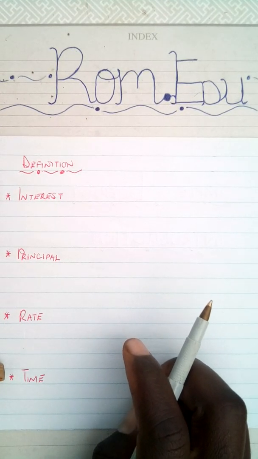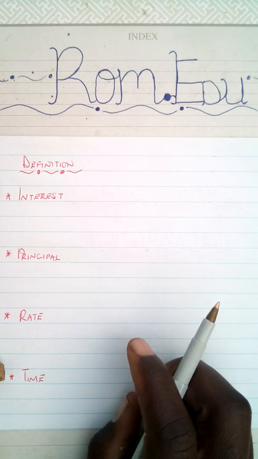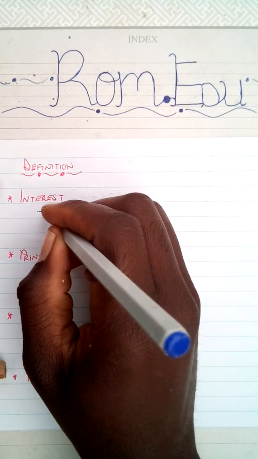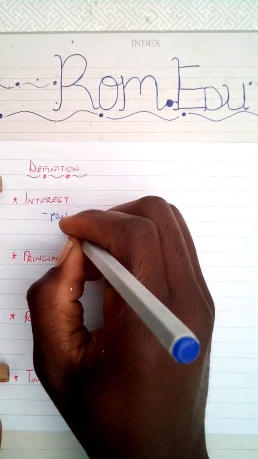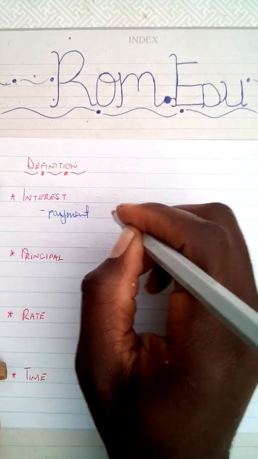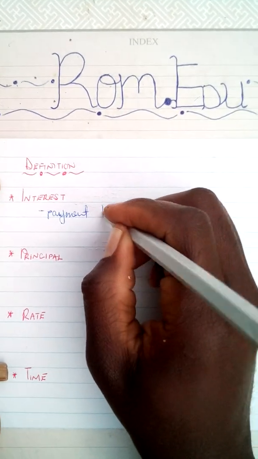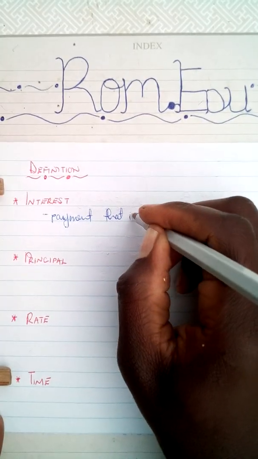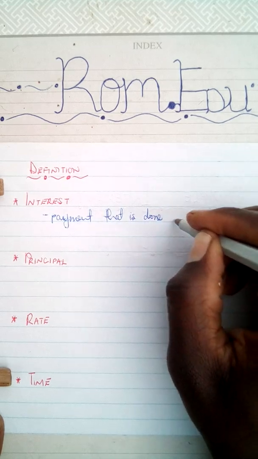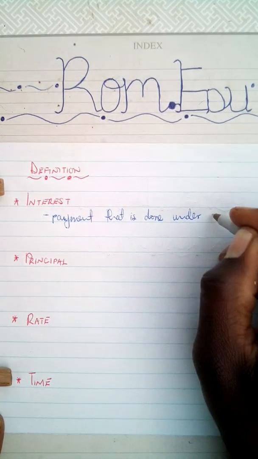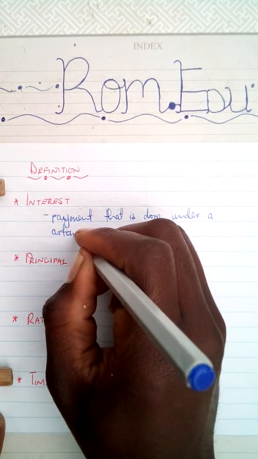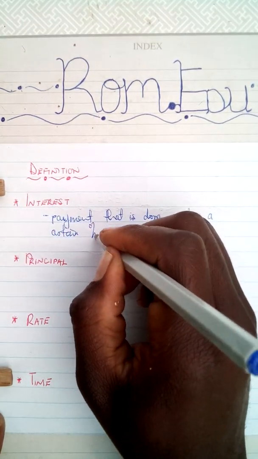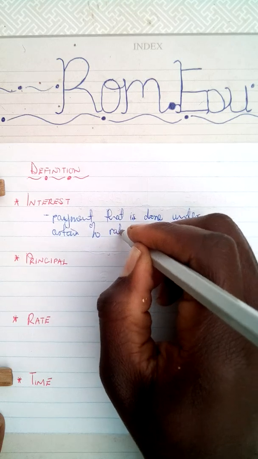So, in simple terms, an interest is just a payment that is done under a certain percentage rate.